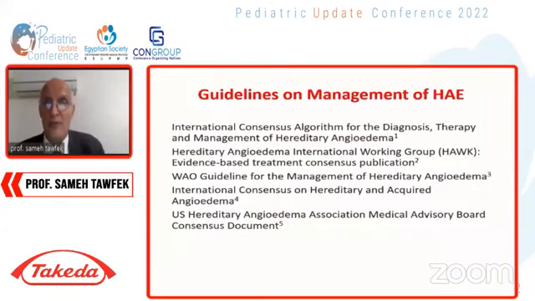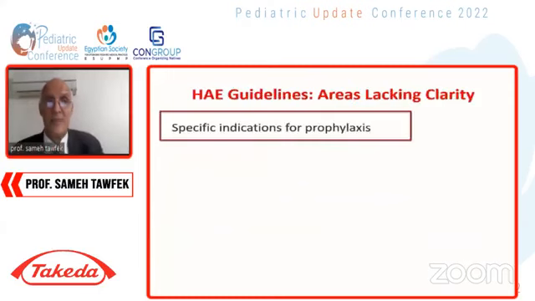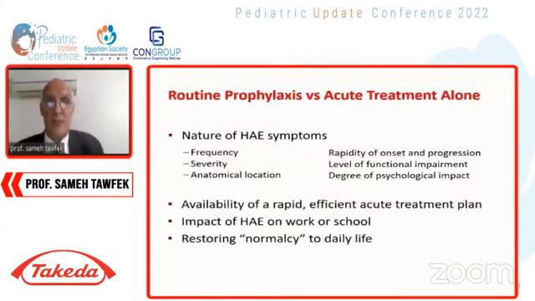All the societies in the world agree on the guidelines for management of hereditary angioedema, either in the USA, the World Allergy Organization, in Europe, anywhere. And there are specific indications for prophylaxis: routine prophylaxis versus acute treatment. It depends on the nature of hereditary angioedema symptoms, frequency, severity, and anatomic locations.